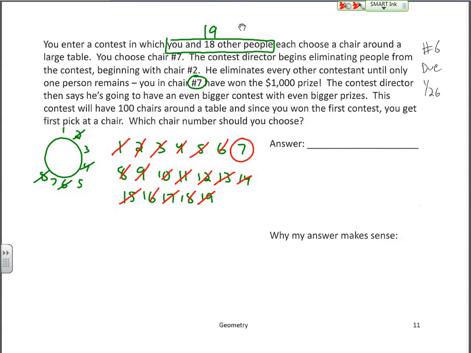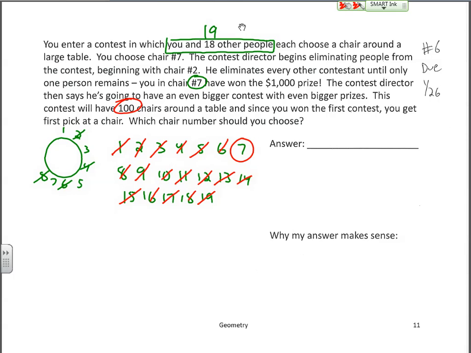That first section is just for you to practice crossing people out and writing numbers in order so you don't skip any. So we got 7 to be the winner. Now we are going bigger, and we're looking to do it with 100. Your job is to figure out which chair you should choose to guarantee yourself as being the winner.